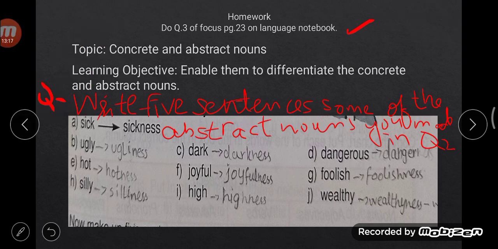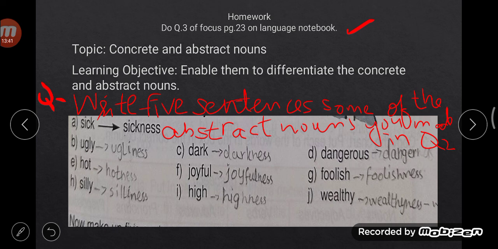Yes, students, this is your question. You will write 5 sentences. You will write this question, which is on your screen now. Write 5 sentences using some of the abstract nouns you have made in question number 2.